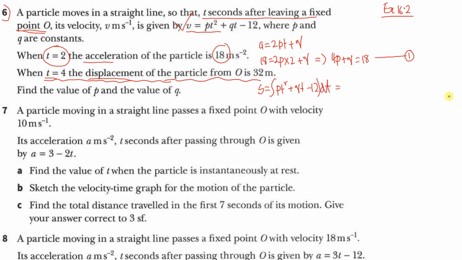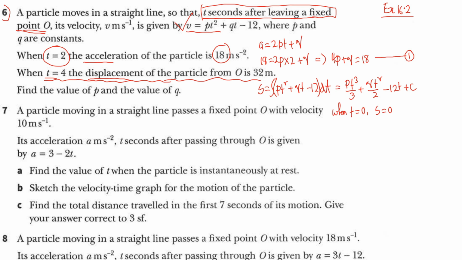If we integrate, it becomes p t cubed by 3 plus q t squared by 2 minus 12t plus c. We need to write the expression here. T seconds after leaving a fixed point O means when t equals 0, its displacement was 0 as well.